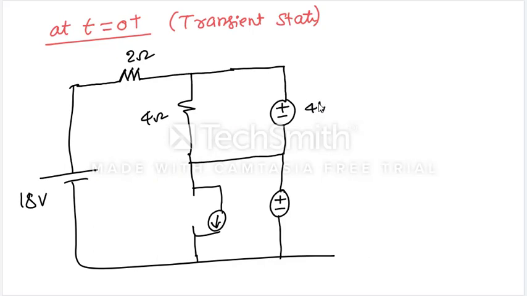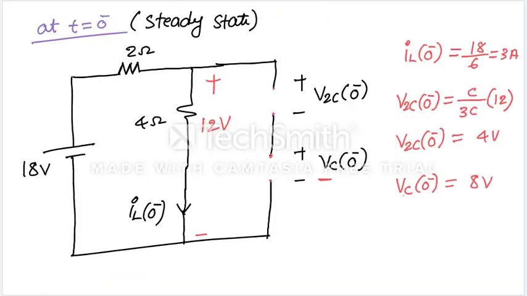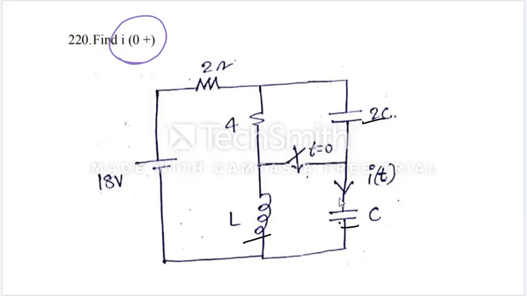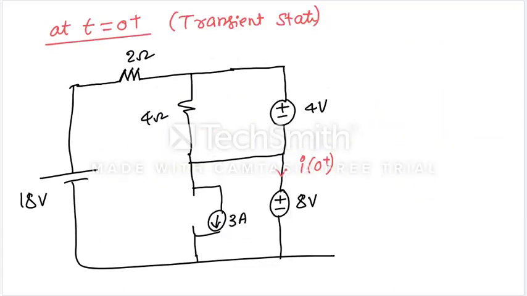This is 4 volts, and this is 8 volts. And whatever this current is, 3 amperes. This is 3 amperes. We need to get this current here. This is IR of 0 plus, isn't it? This current we want now.